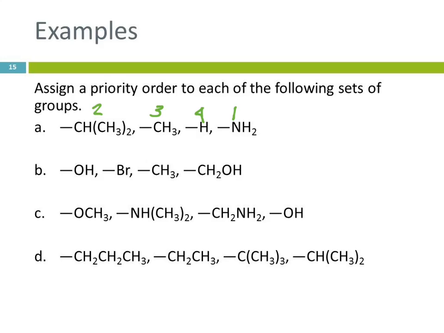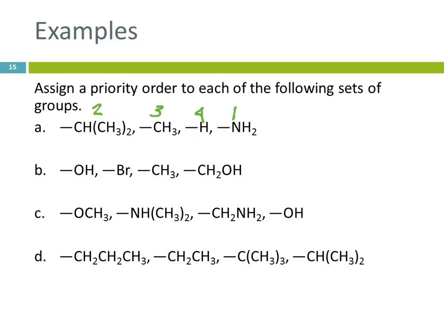Why is it that the nitrogen has higher priority than the number 2? Because that's what they decided to do, even though there's more mass on the... They decided to do it this way. It really doesn't matter as long as we all agree. I think because it's easier.